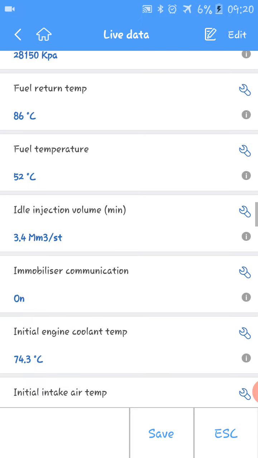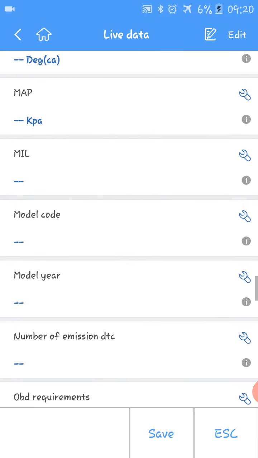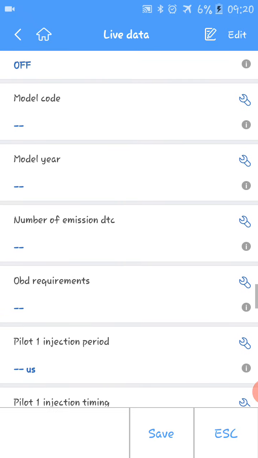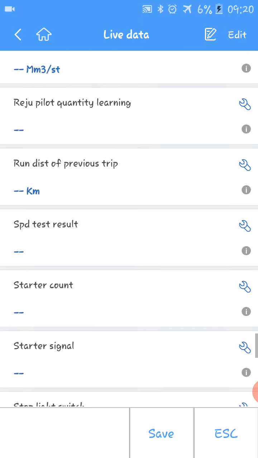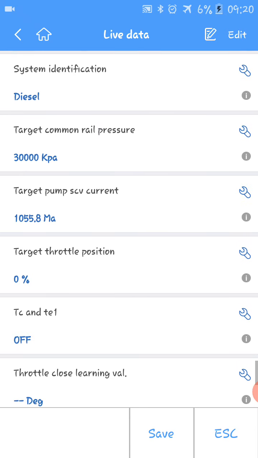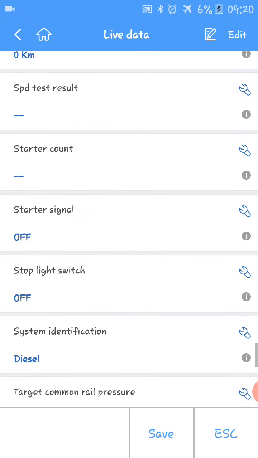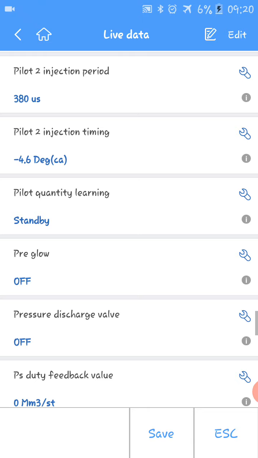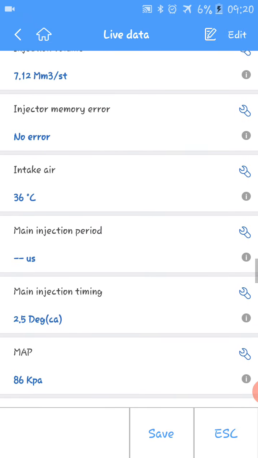The target pressure is somewhere around 30,000 kPa. Let's see the target pressure over here. The target common rail pressure is 30,000. So this vehicle is just within range in terms of fuel pressure, but the injectors are not operating correctly. That is cylinder number 2 and cylinder number 3.